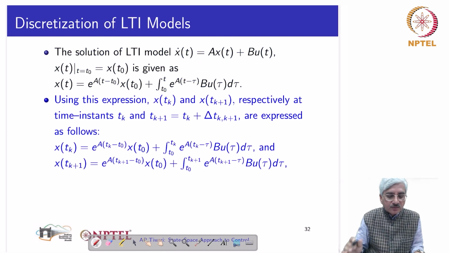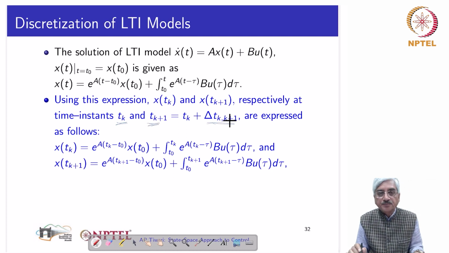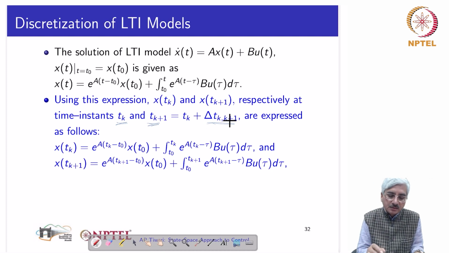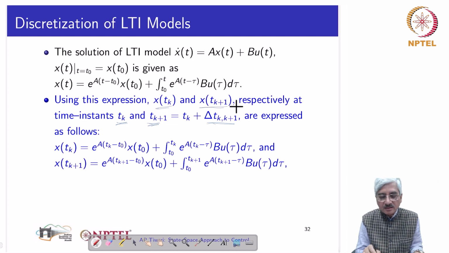Now what we do is we consider two time instants tk and tk plus 1 separated by delta tk. The value of state at tk is xk and the value of state at tk plus 1 is x(tk plus 1).